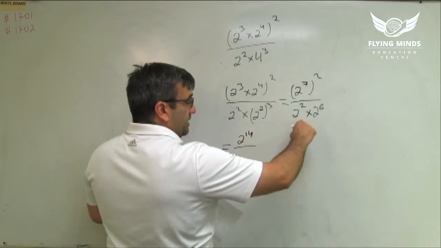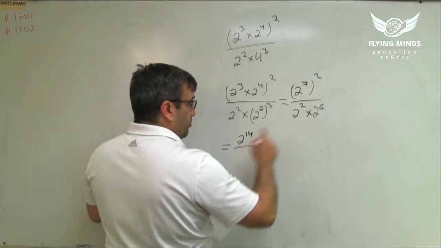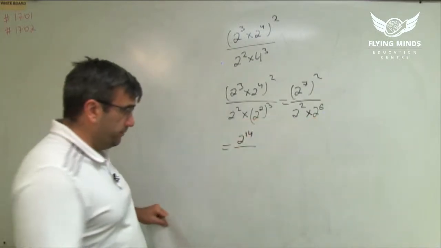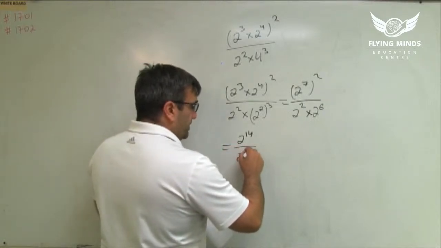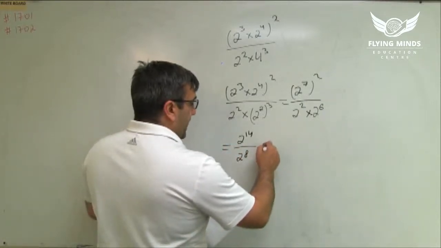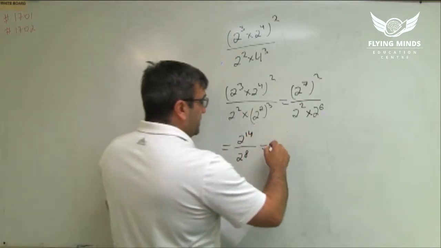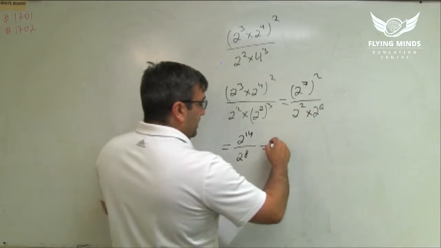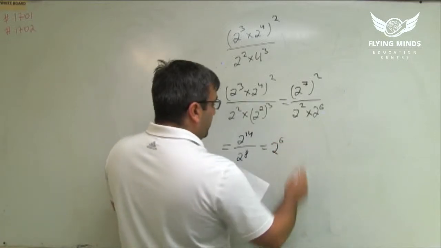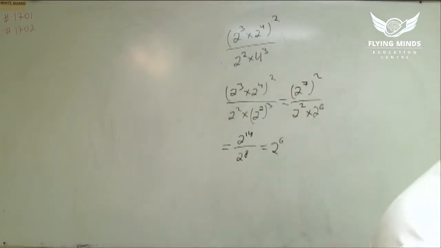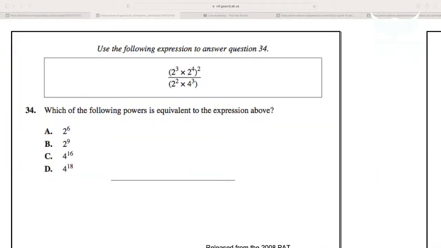And here at the denominator, we add exponents, 2 to the power of 8. When we divide two numbers with the same base, we subtract exponents. So it's 14 minus 8, so it will be 2 to the power of 6. So the answer is part A.